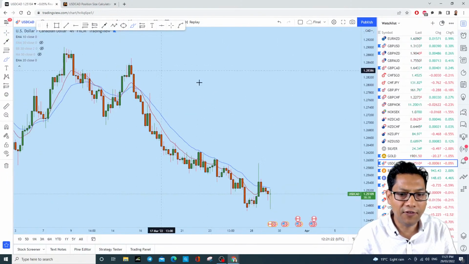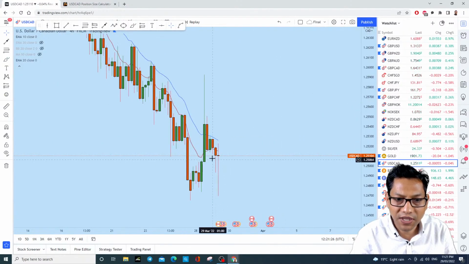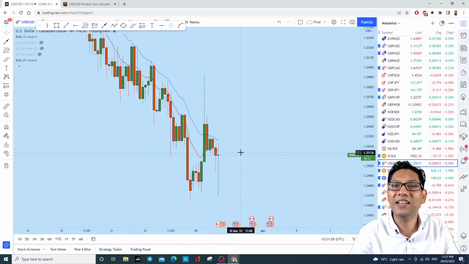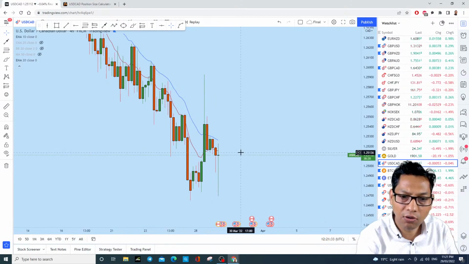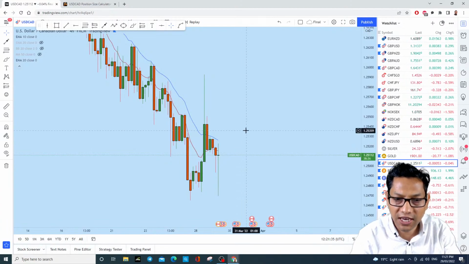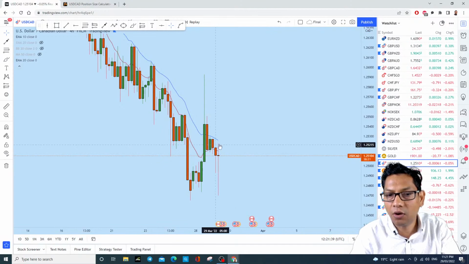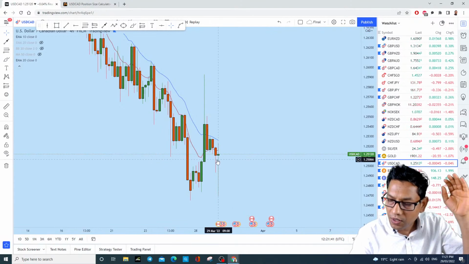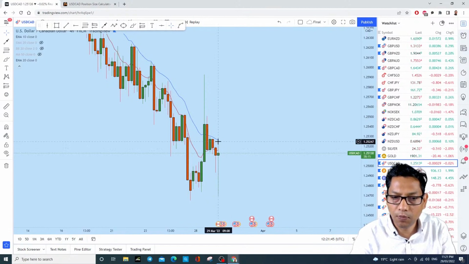If USD CAD closes something like that as a doji, I might sell short. If I hit a stop loss, I hit a stop loss. I'm telling you again, before this candle closes I might close the stream. You see USD CAD now pushing up.